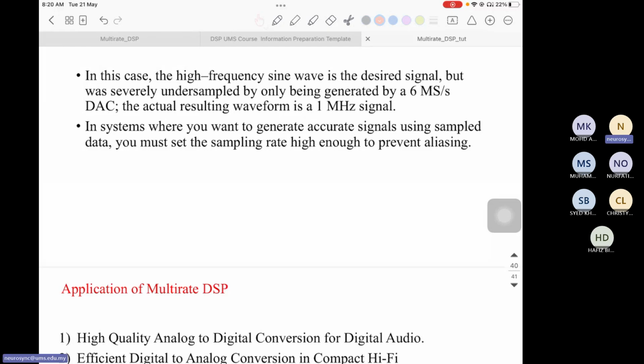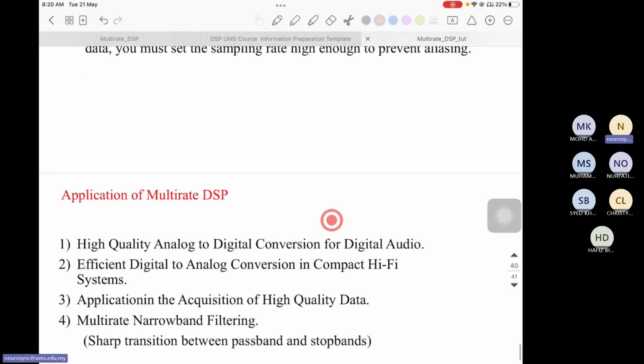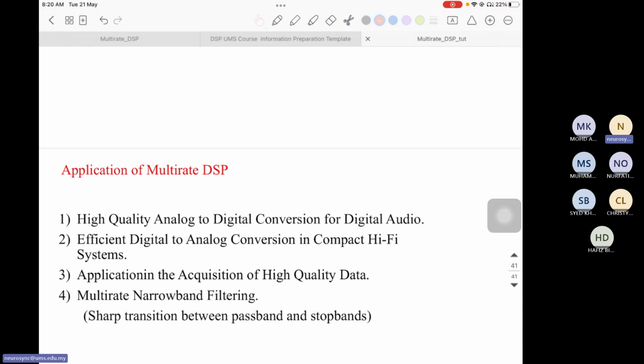Then the samples will be closer to the original representation. So this is about the Nyquist and Shannon sampling theorem.